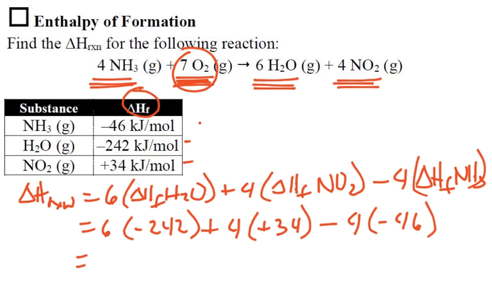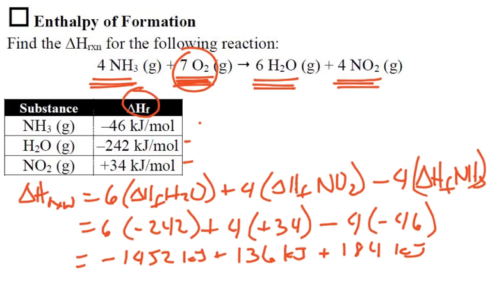So if I go back and do these numbers, I get negative 1452 kilojoules plus 4 times 34, which is 136 kilojoules, minus a minus, so plus 184 kilojoules. And if I add all those up, I get negative 1132 kilojoules.